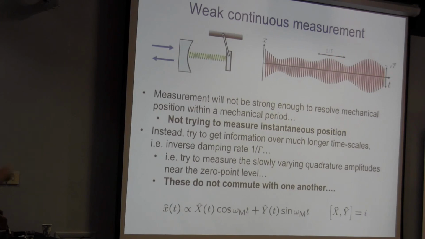That's happening on a scale set by this damping rate. Okay, and again, the thing that we have to worry about is that these two quadrature amplitudes don't commute with one another. If I want to try to get information about both of them at the same time, I know there's got to be some kind of quantum limits involved. And so what we want to really do is try to precisely formulate what the quantum limits are on this kind of weak continuous position measurement.